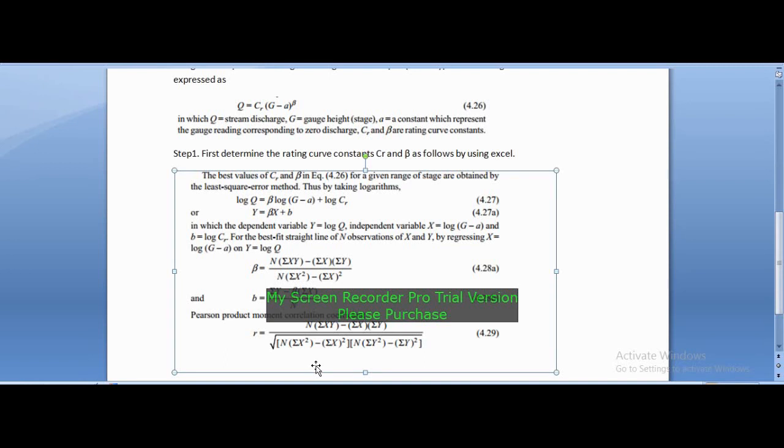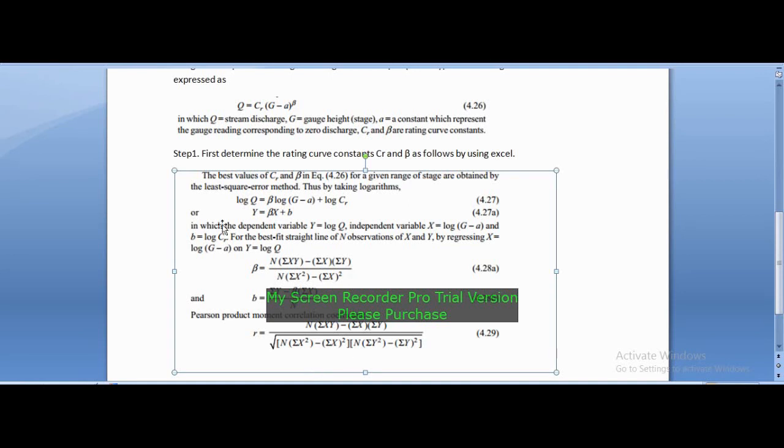So we should adjust the zero gauge height until we get a good correlation R value. You can alter the value of small a, the gauge height for zero discharge.